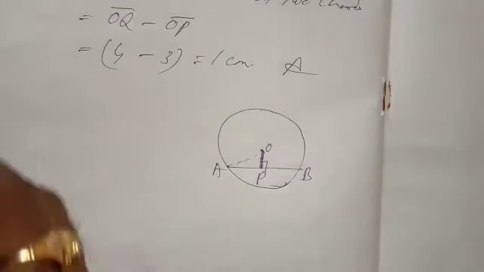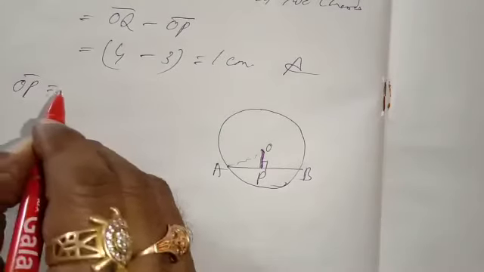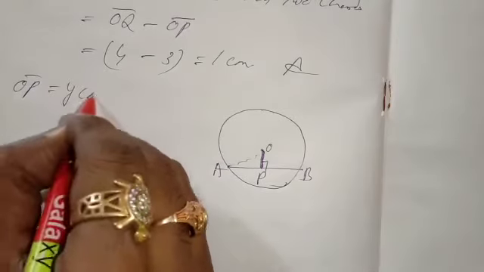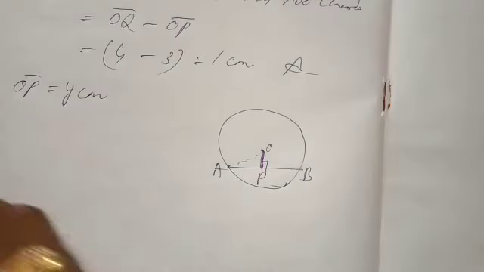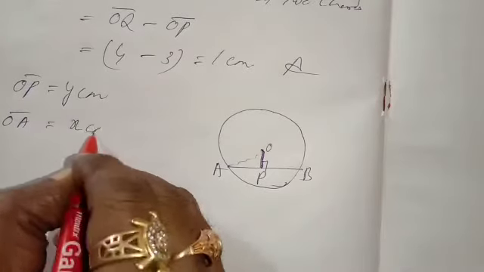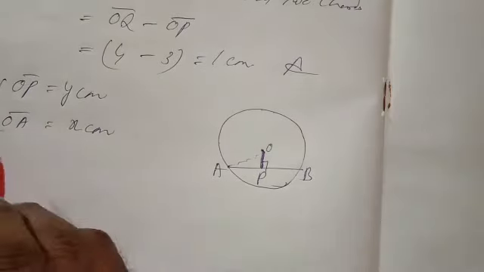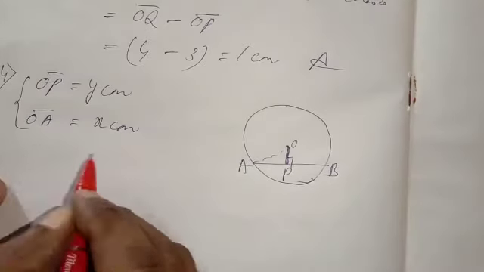From the figure, OP is the distance of the chord from the center. It is given as y centimeters, and the radius OA is given as x centimeters, and we have to find out the length of the chord AB.